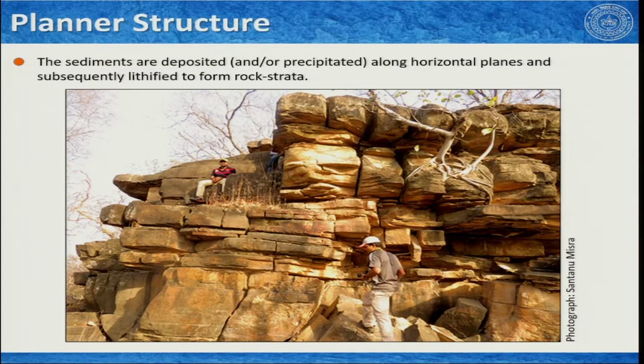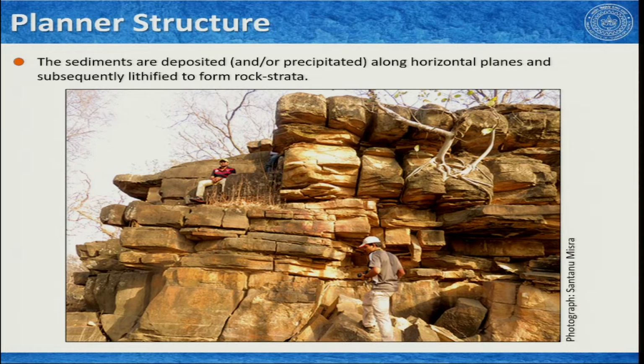But why do we have to measure them? Because we know from our first year undergraduate courses that sediments deposit along horizontal planes. So, they should remain horizontal, and that is true. Even the sediments that got lithified, we see them as horizontal. For example, here we see a photograph of a vertical section.